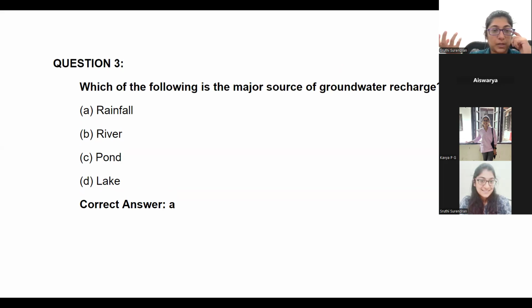Instead, there is one end of the confined aquifer which is an unconfined aquifer. It gets the water recharge, and it is from there that the confined aquifers get water. So here in this question, the major source of groundwater recharge is rainfall, although all these sources also help in recharging groundwater through the influent stream system.